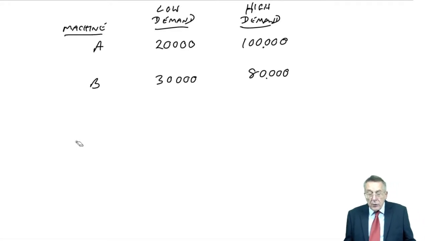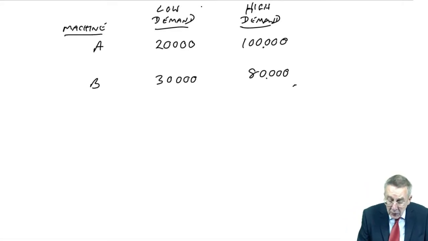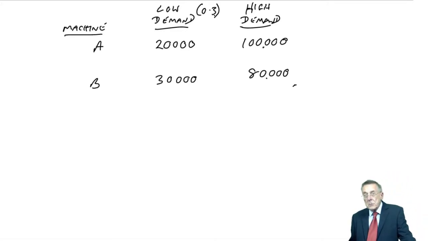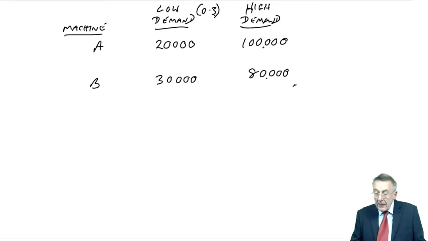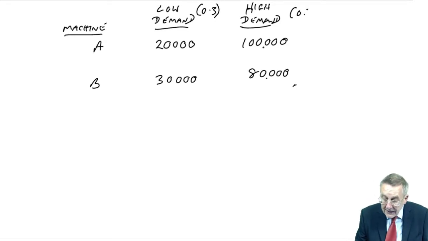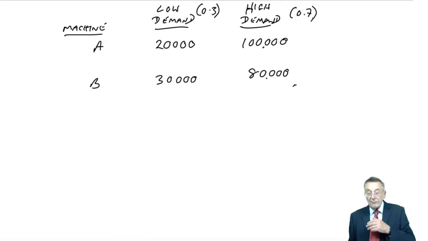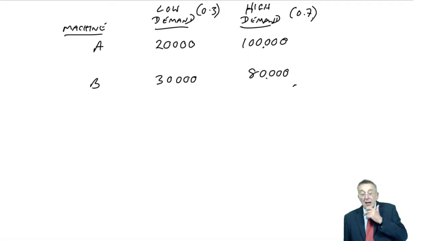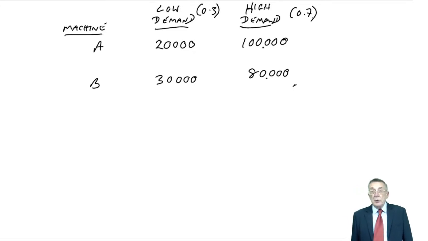I think the probability of demand being low is 0.3, and the probability of demand being high is 0.7. And again, I ask, which would you prefer?